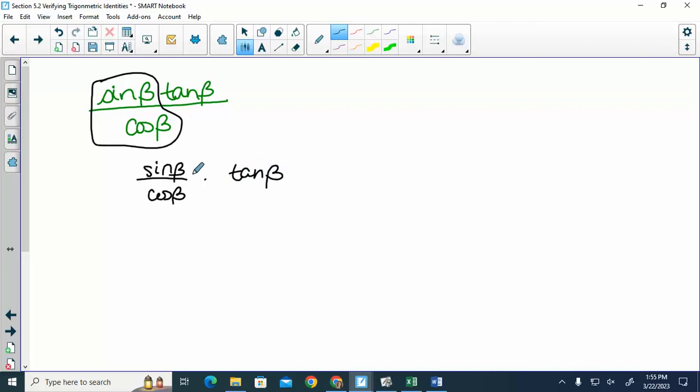Okay. What is sine divided by cosine? So I have tangent beta times tangent beta. So that's just tangent squared beta.